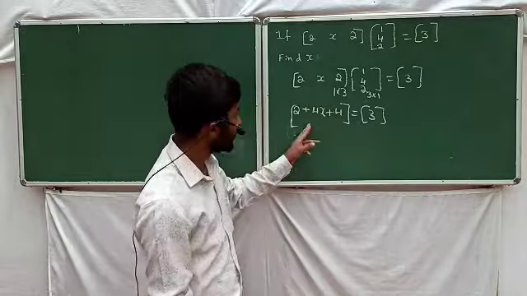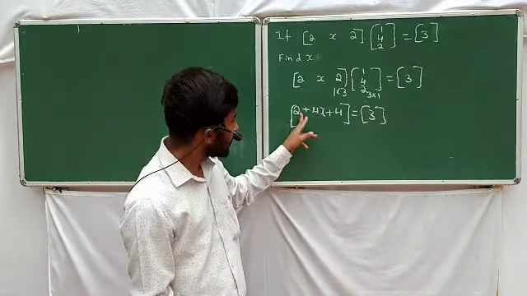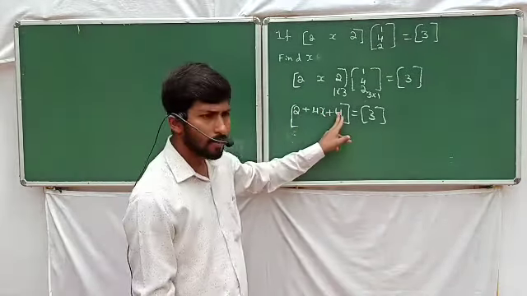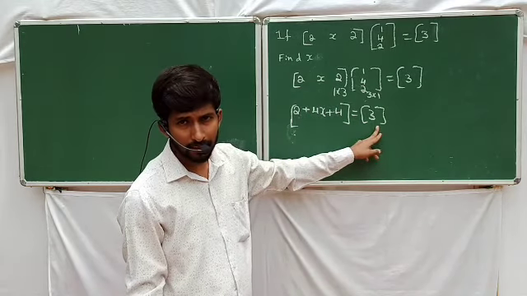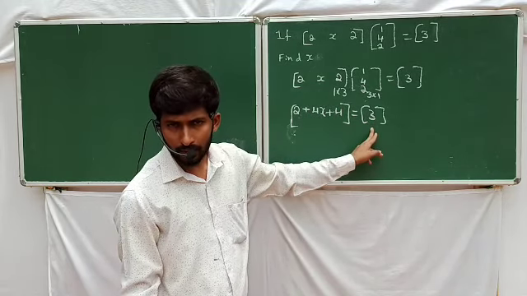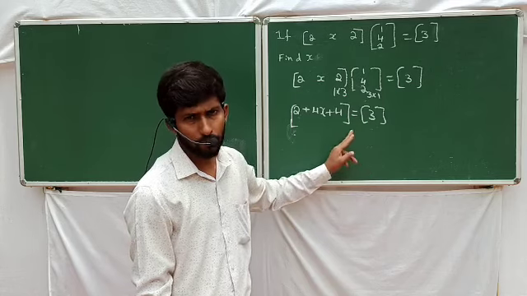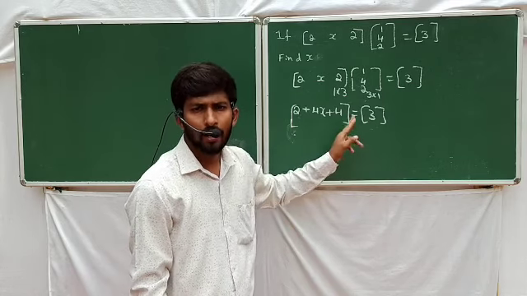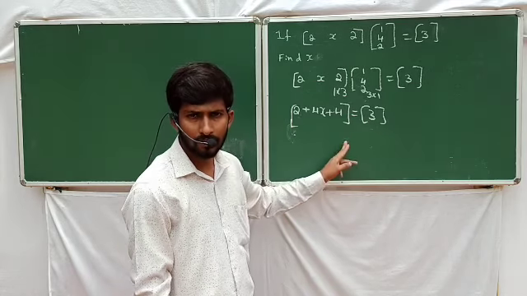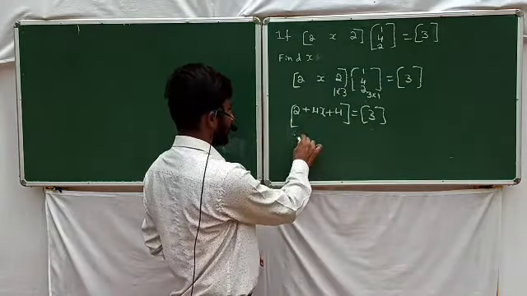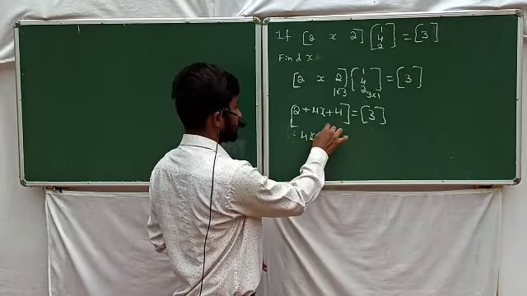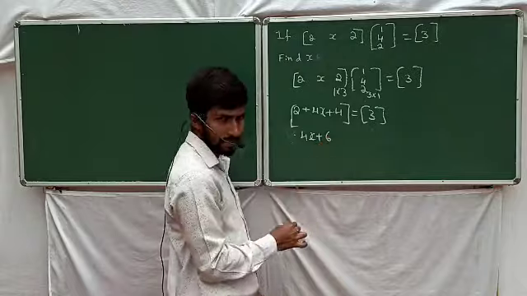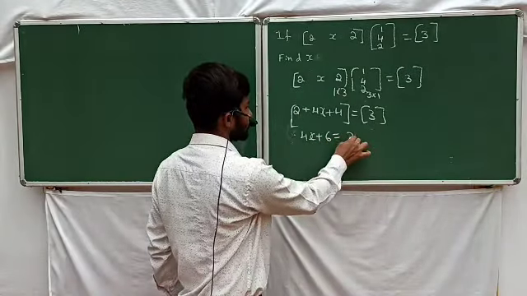Now see, here one element is there, that is 2 plus 4x plus 4, equal to the element 3. Two matrices are equal means their order is equal, 1 by 1, 1 by 1, and their corresponding elements are also equal. So 4x plus 4 plus 2 equal to 6 is equal to 3.